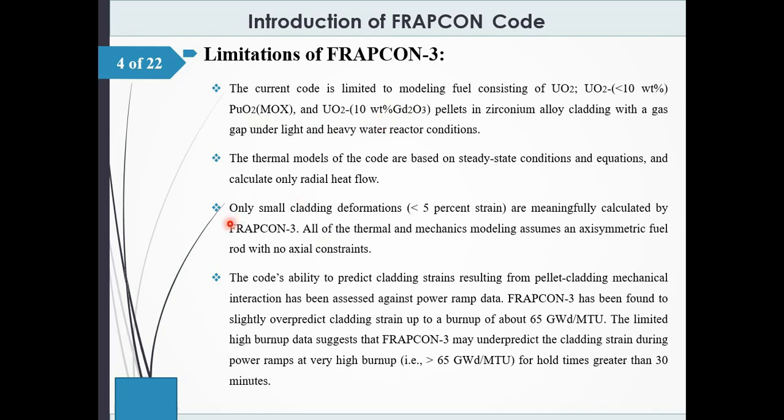Another limitation is that only small cladding deformation, less than 5% strain, is meaningfully calculated by FRAPCON 3. All of the thermal and mechanical models assume a symmetric fuel rod with no axial constraints.